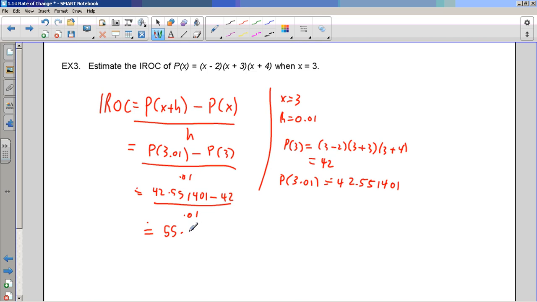And when I subtract 42 and then divide by that, I end up with 55.1401, and it's kind of hard to see the pattern there, but it looks like it's around 55.